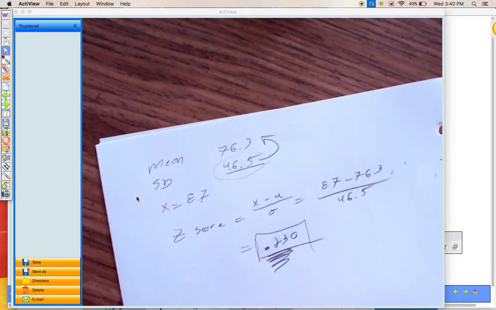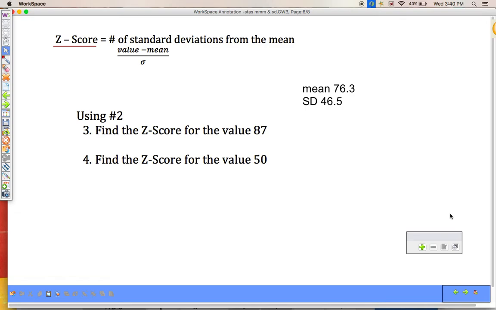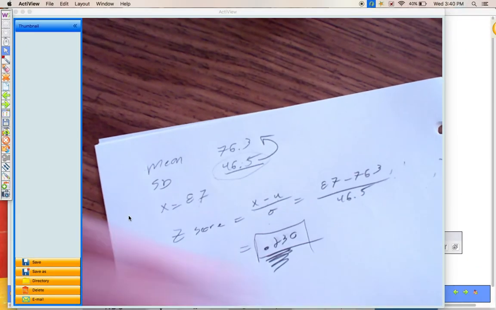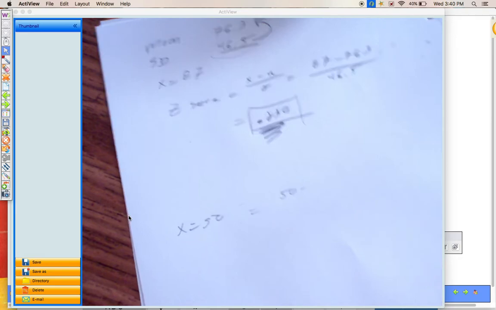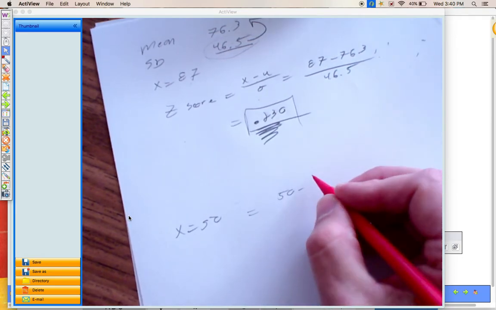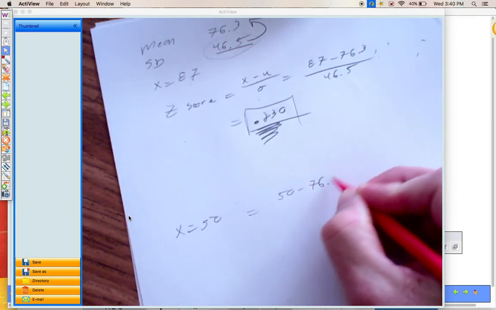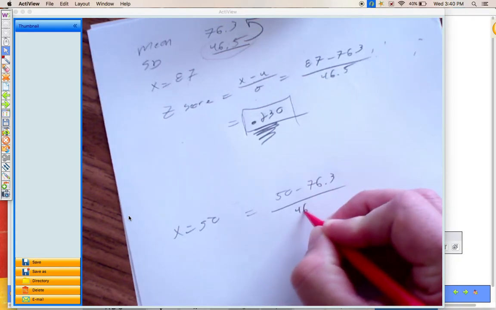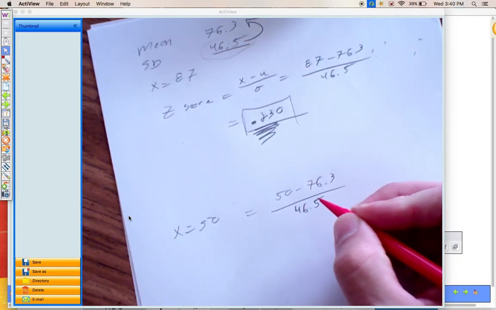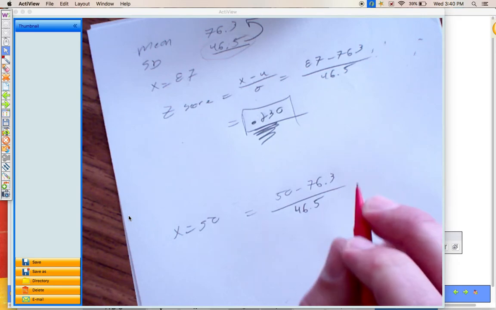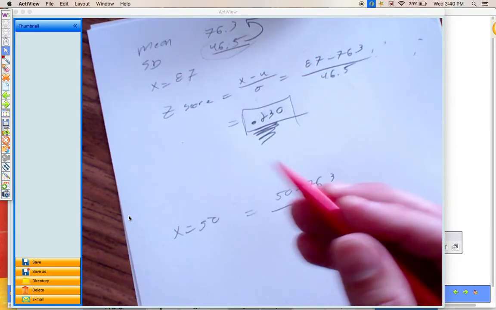All right, the next one we're going to calculate is the z-score for 50. 50 is below my mean. So when you're below your mean, you're going to end up with a negative z-score. Because that tells you you're below it. A negative z-score is going to tell you how many standard deviations you are below the mean.